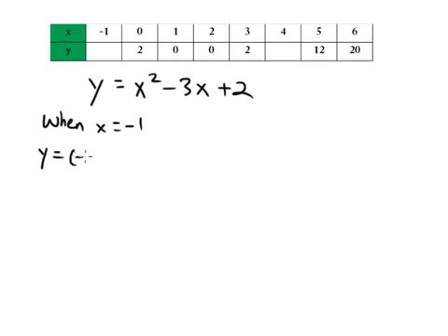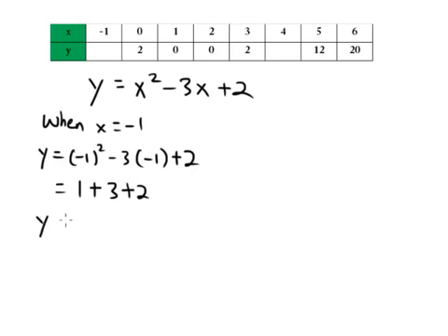It would be -1 squared minus 3 times -1 plus 2. So from here we get 1 plus 3 plus 2, and then you get y equals 6. So when x equals -1, y is equal to 6.